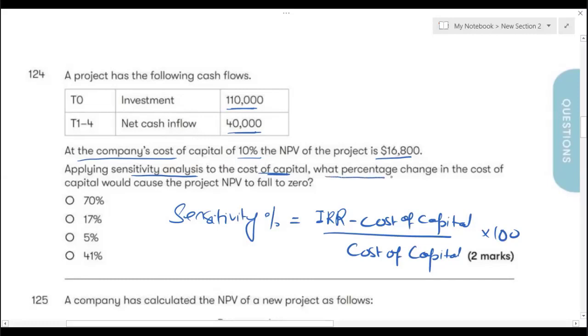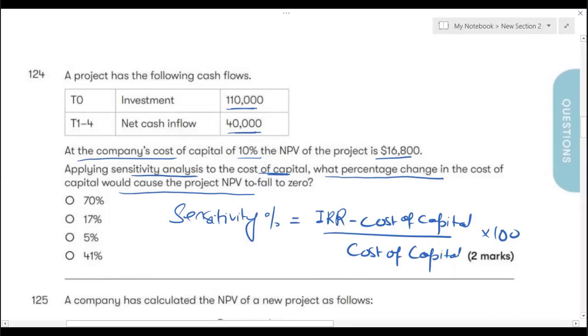They're asking what percentage change in the cost of capital would cause the project NPV to fall to 0. So simply we need to calculate IRR, and once we have it, use the formula. We can very easily calculate IRR by using the shortcut function available on the spreadsheet.